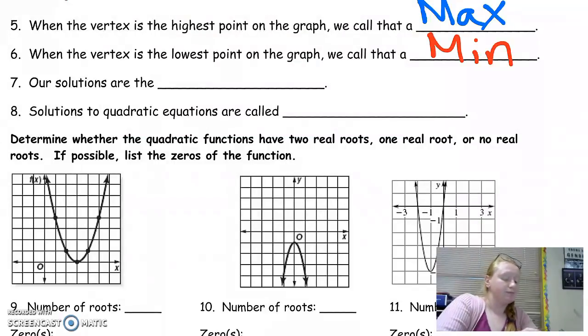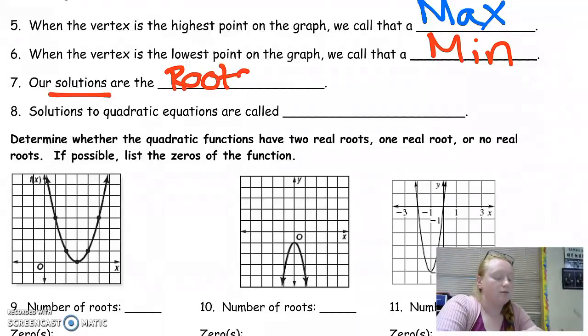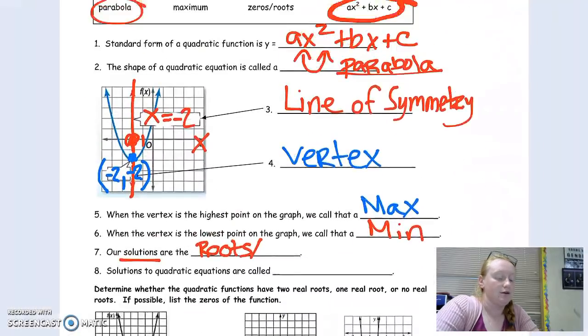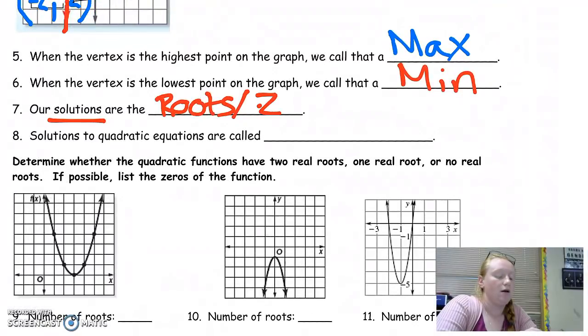Okay. Our solutions. I haven't used this word very often. Our solutions are the same thing as roots, which are the same thing as x-intercepts, which are the same thing as zeros. So all of these words mean the same thing.